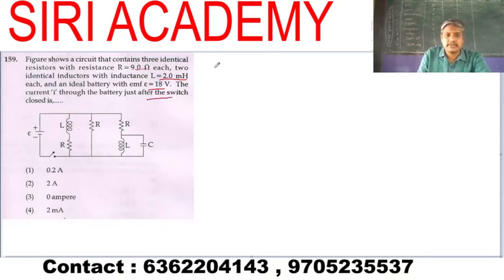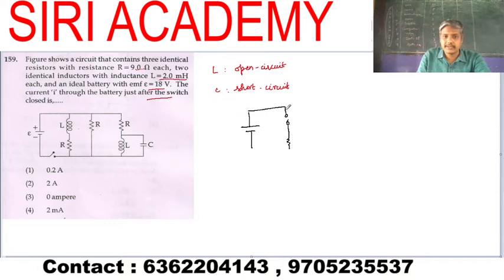So just after the switch is closed, the inductor behaves like an open circuit, and the capacitor behaves like a short circuit. So taking these considerations, let us redraw the circuit. Soon after it is closed, the battery, inductor open circuit, resistor, and then another resistor, and here another resistor, whereas the inductor will act like an open circuit and the capacitor like a short circuit.